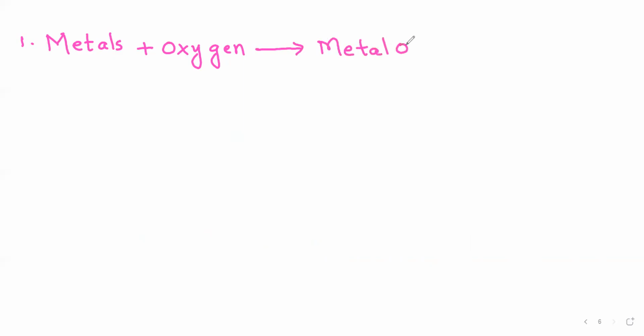So the first chemical reaction is the reaction of metals with oxygen. The general reaction is that any metal, when it reacts with oxygen, will give you the corresponding metal oxide. Let's see the general classification of the types of oxides we are going to get.